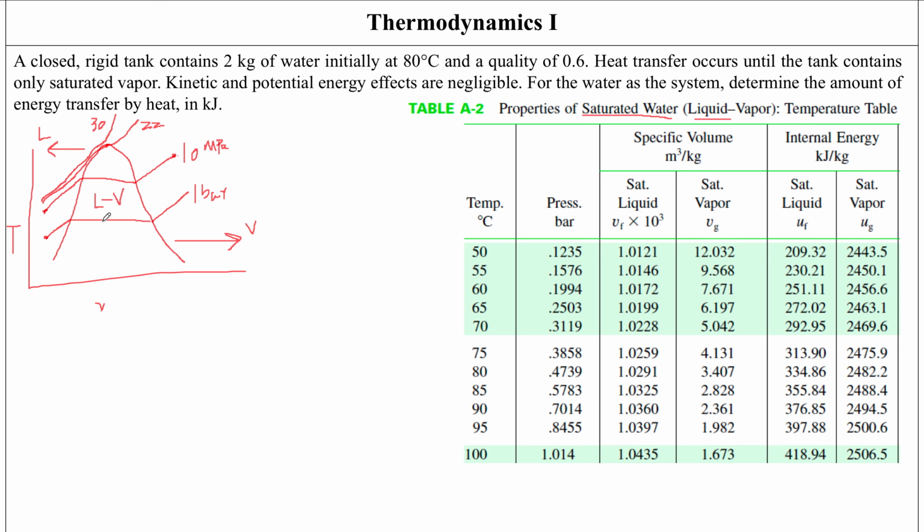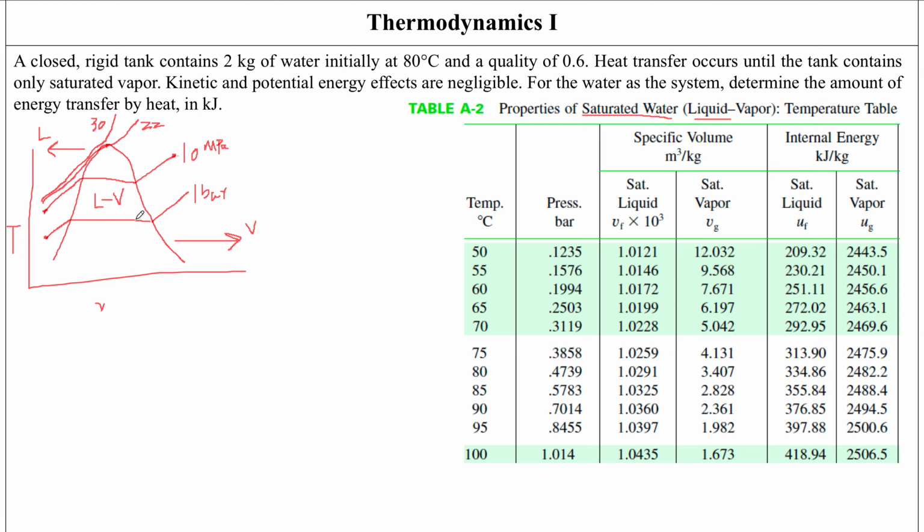Also, some tips and tricks. If quality is involved, then that means the state is definitely between these two, because quality is between 0 and 1. So if you've got a quality of 0.1 or 0.9, that means you're within this region.